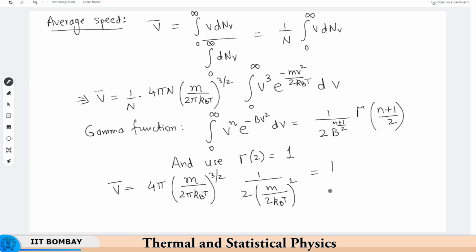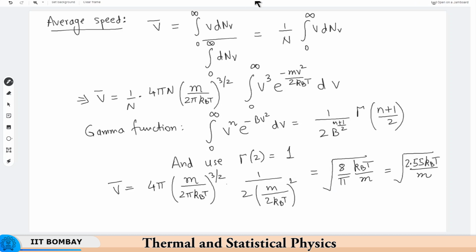If you simplify this, it becomes the square root of 8 by pi times k_B T by m, which can be rounded off to 2.55 times the square root of k_B T divided by m. So this is our final result: the average speed of a gas molecule at any temperature T is given by this expression.